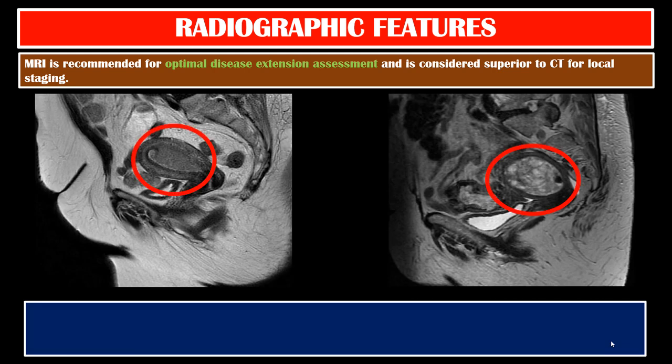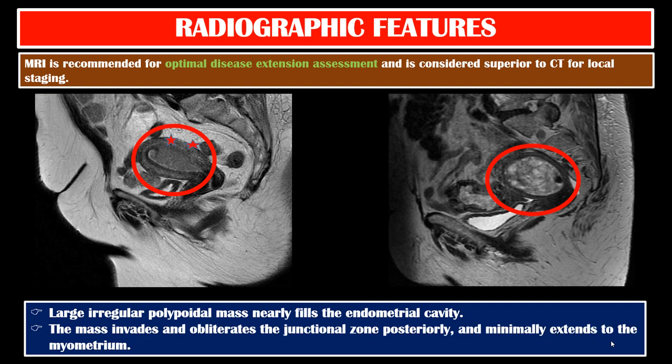Here in these photos, we see a large irregular polypoidal mass nearly filling the endometrial cavity. The mass invades and obliterates the junctional zone posteriorly and minimally extends to the myometrium.